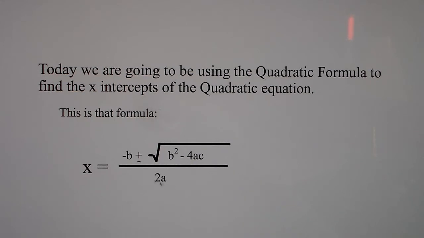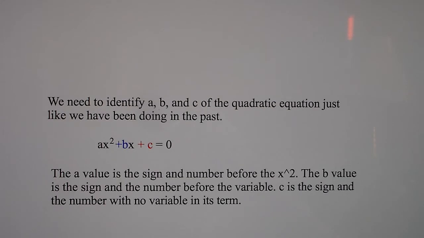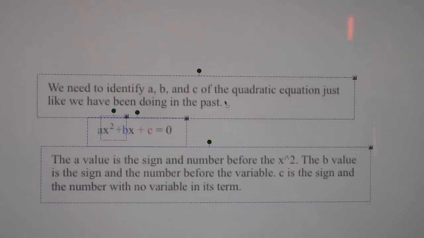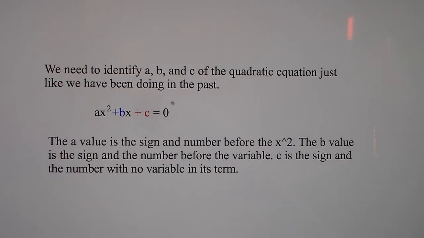As you can see, we have an A, a B, and a C. All three of those letters are in this formula. Now, what are A, B, and C? Well, they are just like what we did in the past when we were identifying A, B, and C. A is the sign and the number in front of the x squared. B is always the sign and the number in front of the x value, or simply the variable that is to the power of 1.